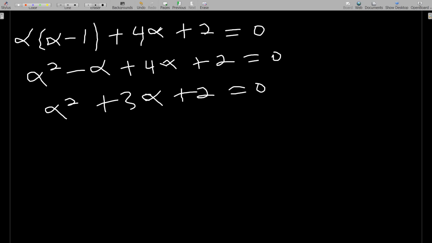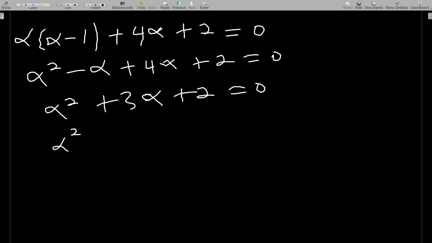And I realize that this is a quadratic equation, so to solve this, you multiply the coefficient of this one, which is 1, by 2, and you get 2. So you find two numbers that when you multiply you get 2, but when you add you get 3. It's 2 and 1. So you split the 3 alpha into those products.